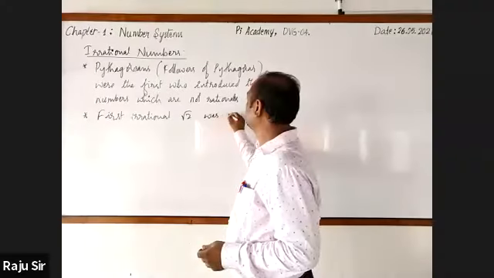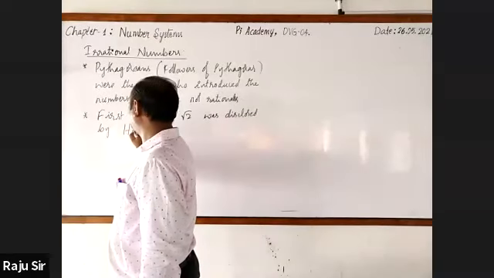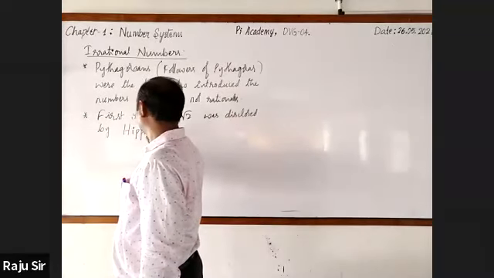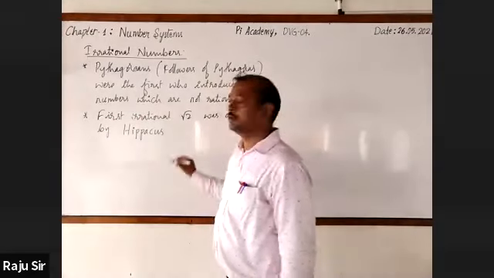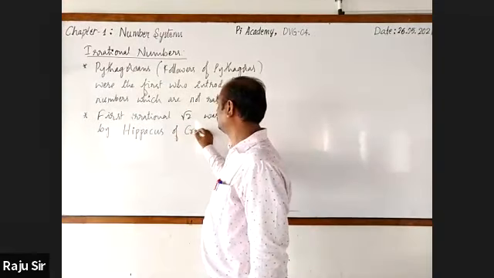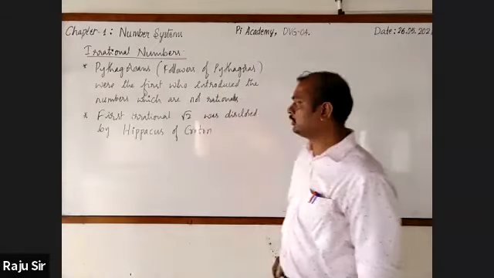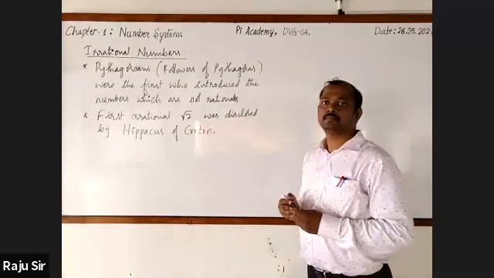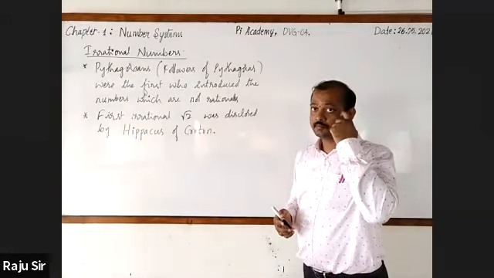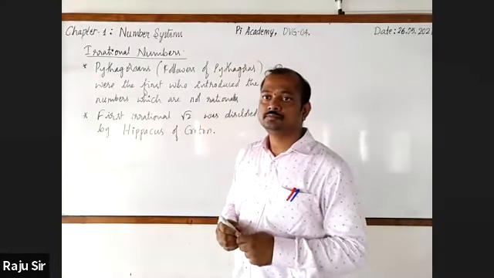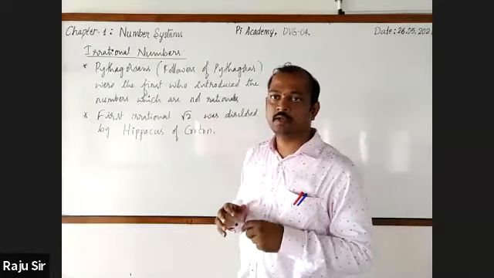The first irrational, root 2, was disclosed by one of the Pythagoreans, Hipparchus, from a place called Croton.